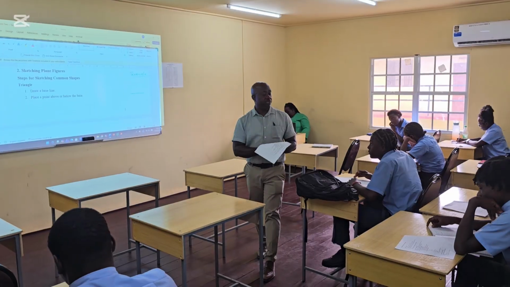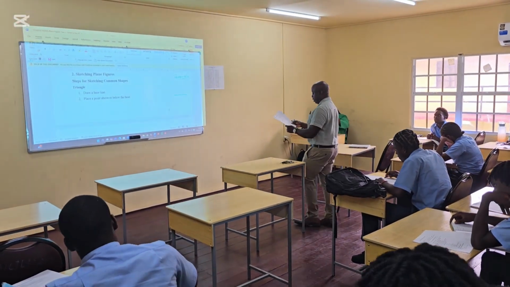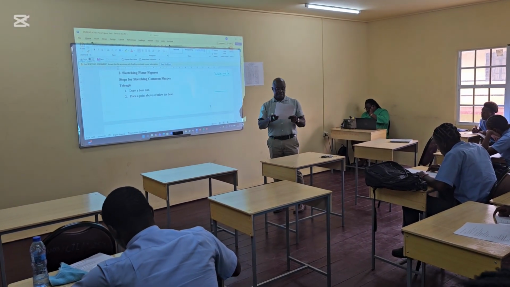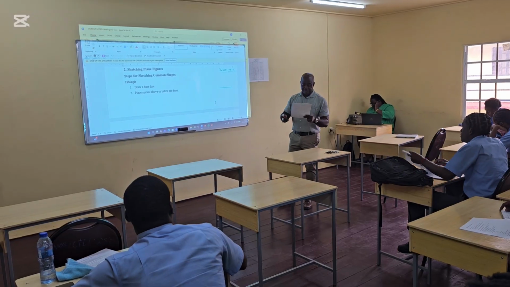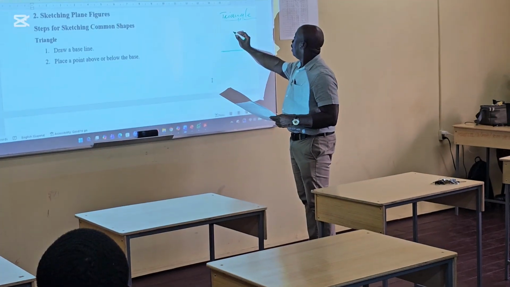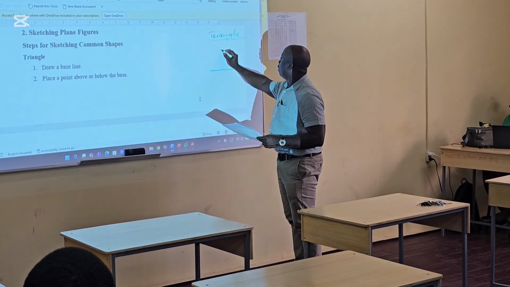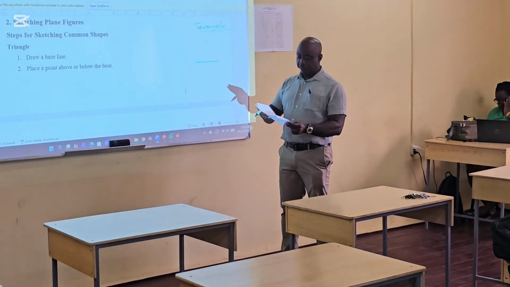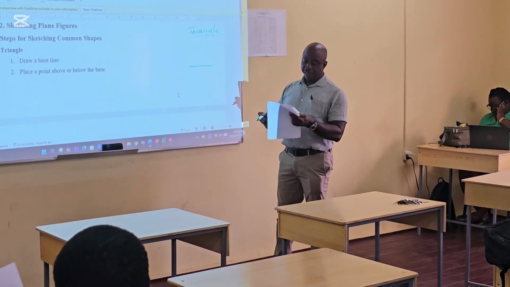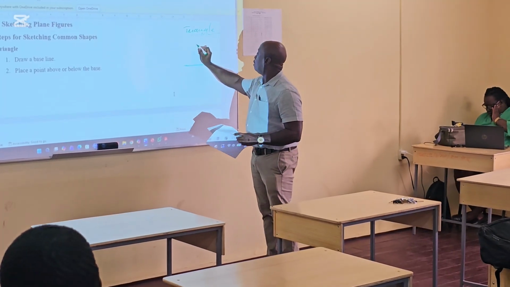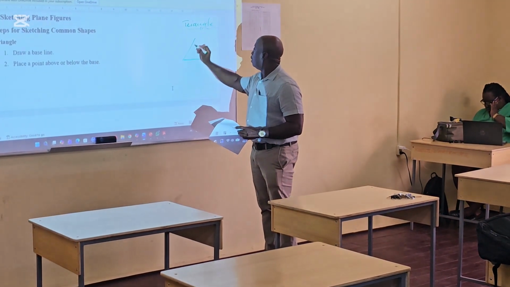And then what's the second step? Place a point above or below the base, at the top maybe. If you could look at me. And then what? Connect the point to the end of the base.